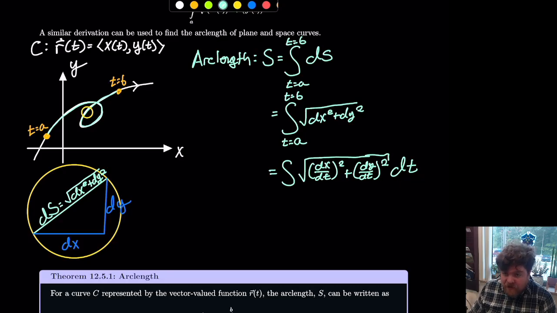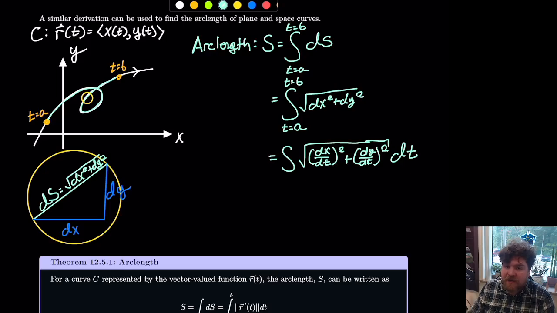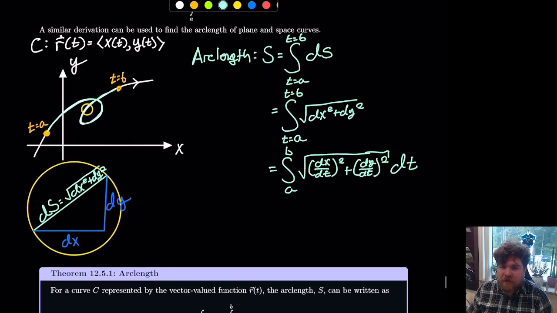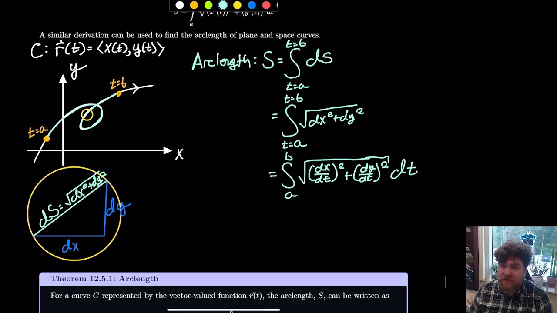So when I write my limits of integration, I no longer need to explicitly state that I'm going from t equals a to t equals b. I can just say this is the integral from a to b. But now we just need to interpret dx/dt and dy/dt. Well, dx/dt is just the derivative of the x component of our curve. dy/dt is the derivative of the y component of our curve.